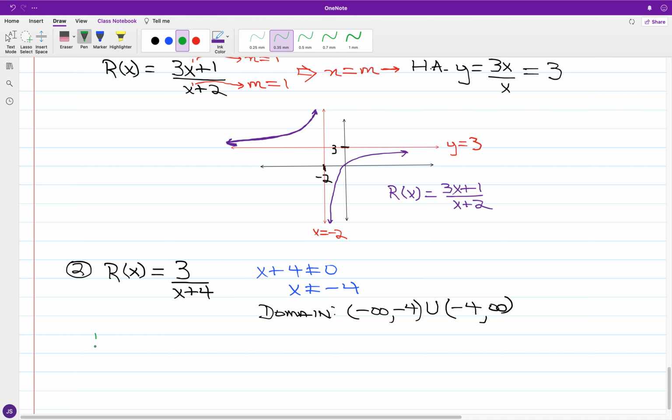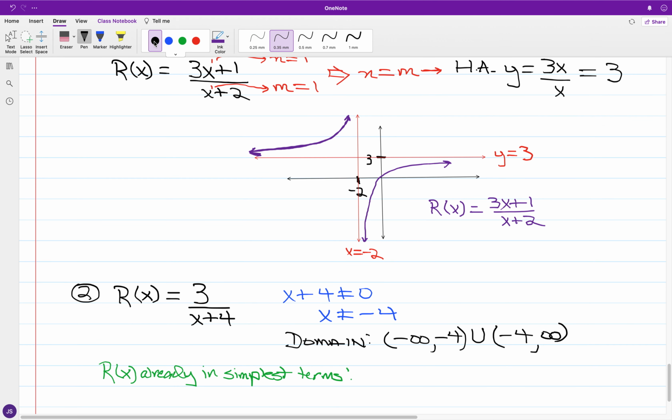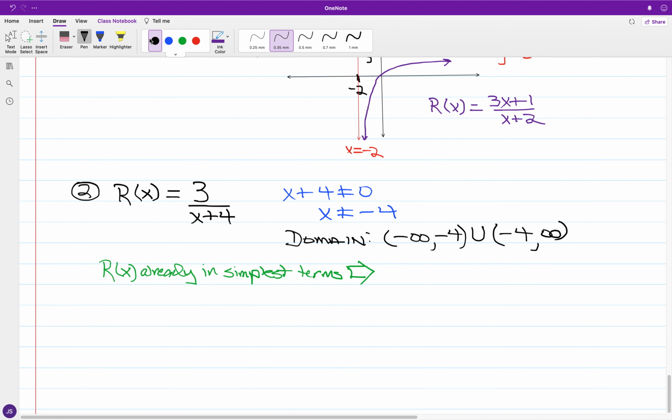And again, r of x is already simplified. We're already in simplest terms. So that means that the excluded value negative 4 is going to define the vertical asymptote.